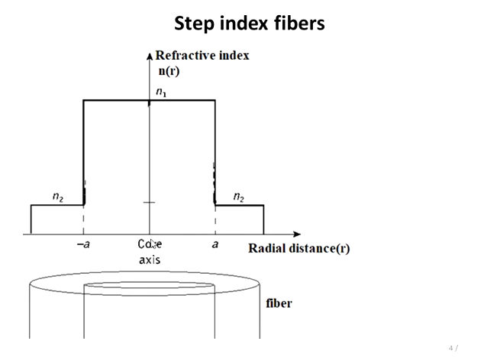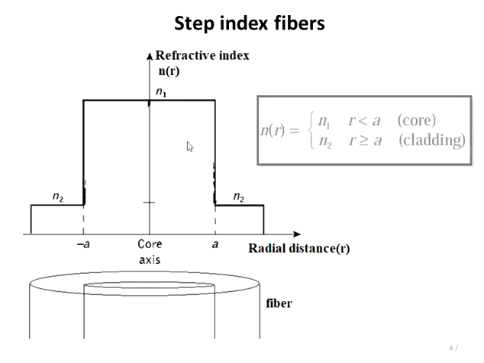So as we increase the value of r from 0 to A, we are moving from the center of the fiber core towards the core-cladding boundary. This distance indicates the distance from the center of the fiber. On the y-axis, we have plotted the refractive index n of r, that is, the refractive index as a function of radial distance.